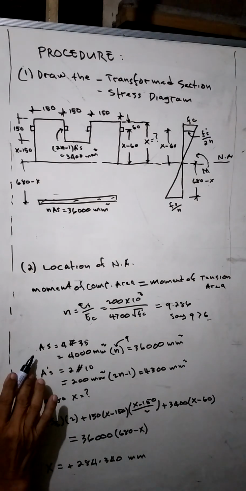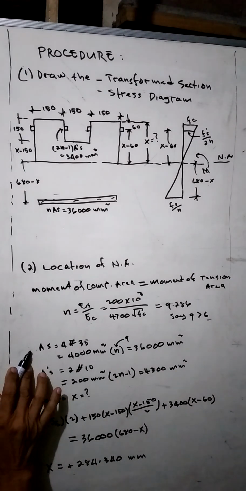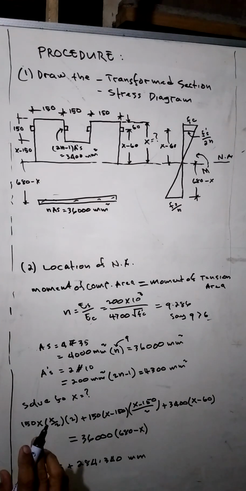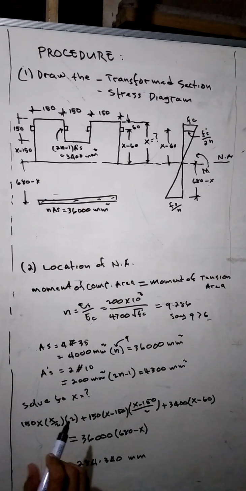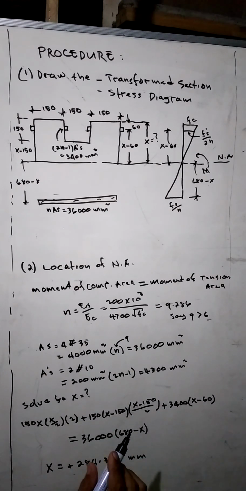Then the AS, the cross-sectional area of the tension bar. According to the NSCP specification, number 35 bar has an area of 1000 square millimeter.